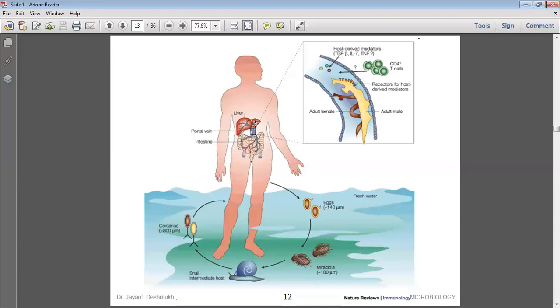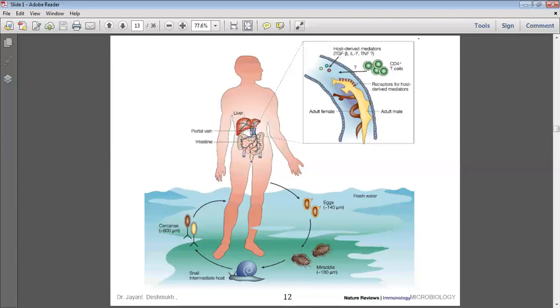They develop into adult worms mostly in the hepatic tissue, and when they sexually mature, they migrate back through the portal circulation to their habitat. Where is the habitat? It is the venous plexus of the urinary bladder. They migrate there, reside there, sexually mature, and the female lays the eggs in the venous plexus.